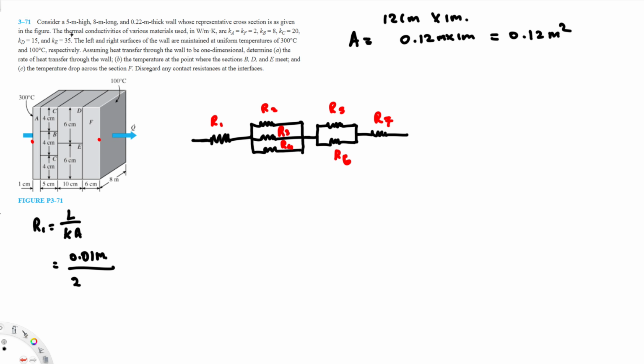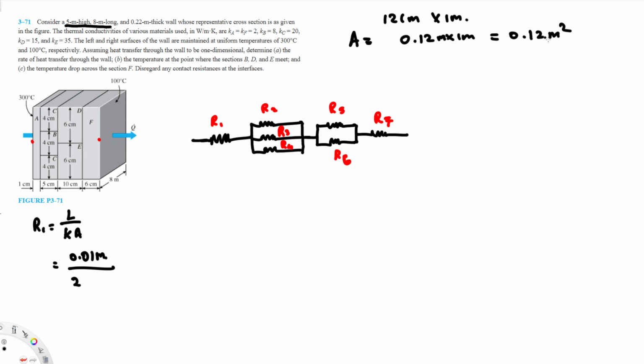We know the total area is going to be 5 meter times 8 meter, but if you assume this height, then you have to separate this one respectively. Like if it's 4 centimeter, you have to divide this one into 3 parts. That's a very difficult thing, right? So what we do, we calculate for this area, then finally we divide by this area. That's going to give us the total area and heat transfer correctly.